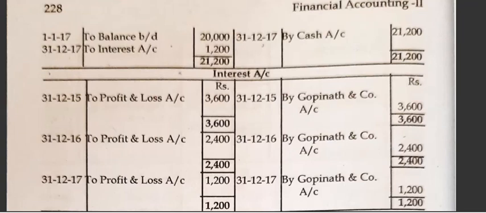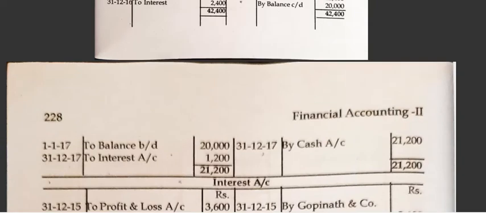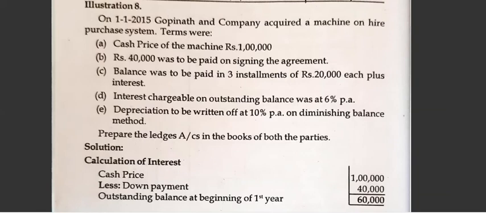In case of the purchaser we have to pass entries in three books, that is the asset account, hire seller account, then interest account. In the books of the seller you have to open the purchaser account and asset account. So first calculate the interest, then you will come to know the installment amount, then pass the ledger accounts. Any doubts you can clarify. Thank you.